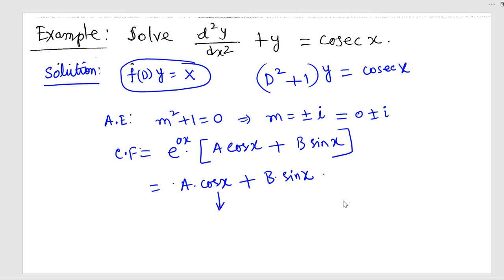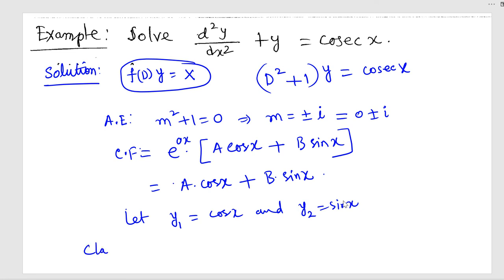If you write one solution as y1 and the other as y2, let y1 = cos x and y2 = sin x.